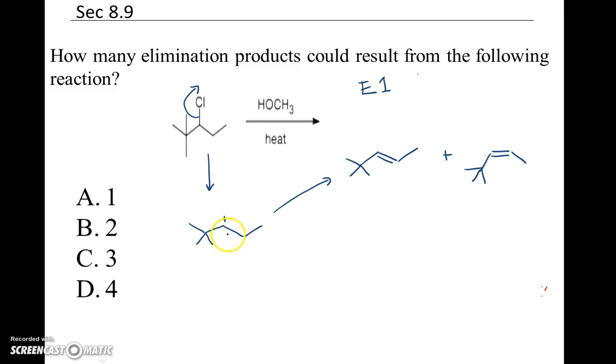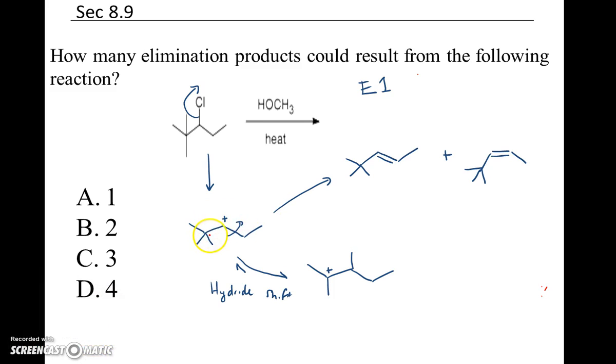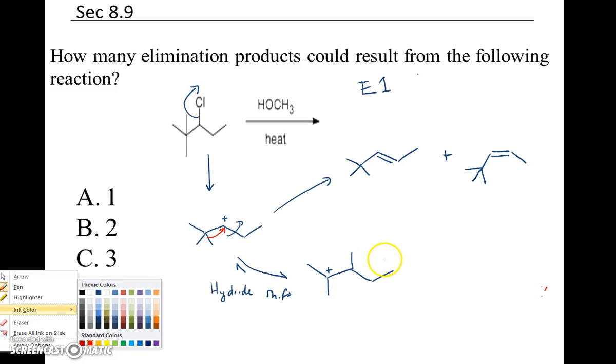See, because of rotation about this bond. Now you can also have a hydride shift, in which case this can migrate. One of these bonds can migrate over here. You get this hydride shift, and that would lead to the following products.